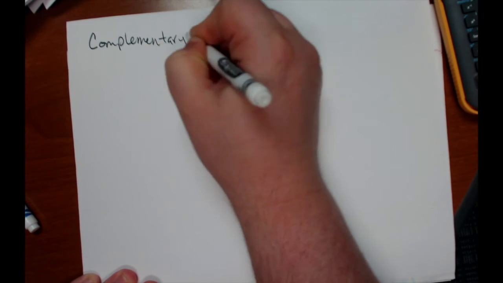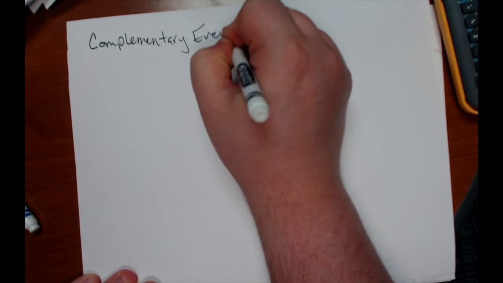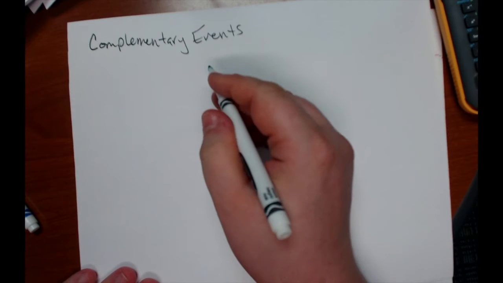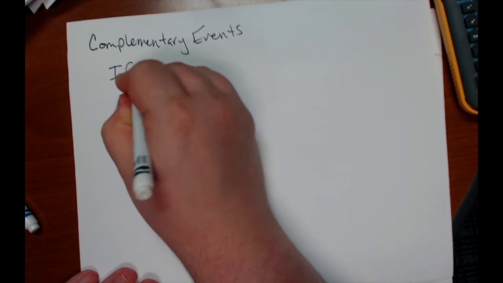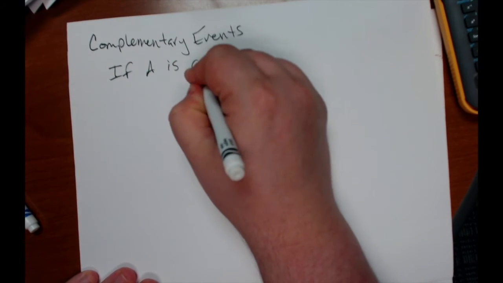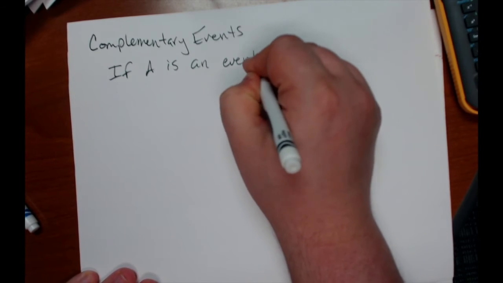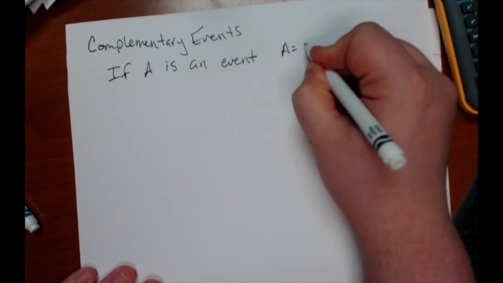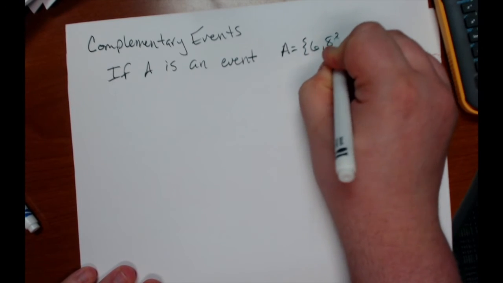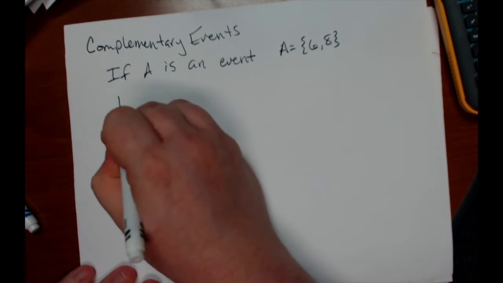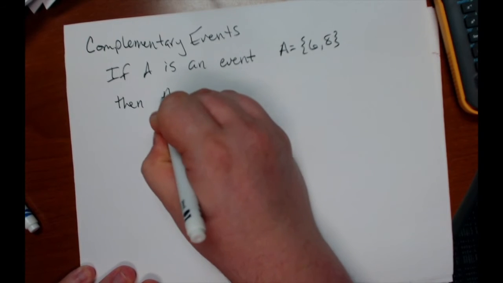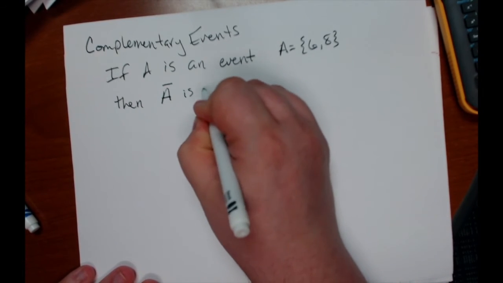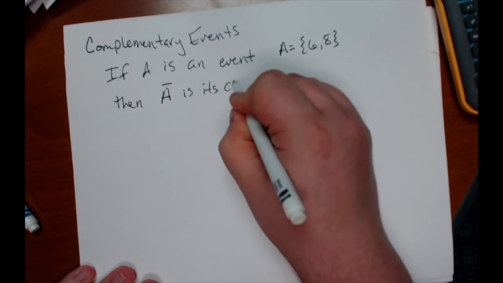So we have the notion of complementary events. If A is an event, and A in this case was 6 or 8, then A complement is its complement.